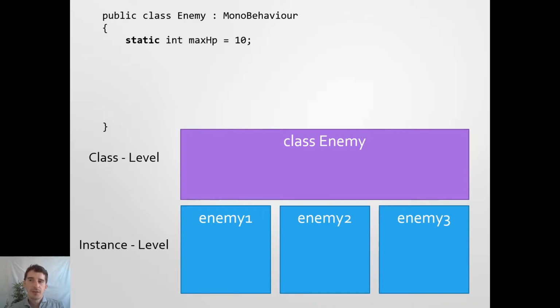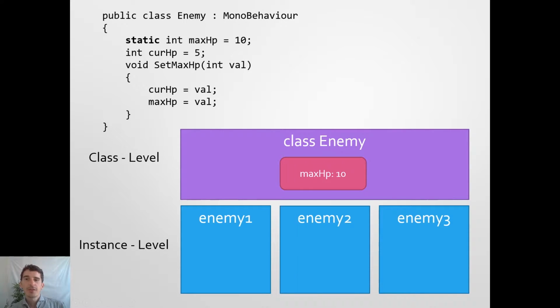So I have this class, and it has a static maxHP variable of the type integer. What this would do in our code is give the class Enemy a maxHP of 10. Do mind, this variable is stored in the class, as I said before. Next up, we have currentHP.